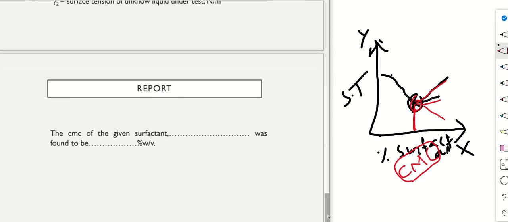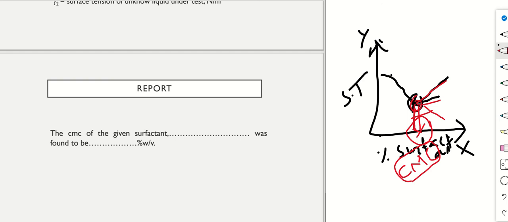And from the graph, we'll be able to conclude the critical micellar concentration of a given surfactant. And thus the CMC of the given surfactant was found to be how much percentage. From the graph you can easily mark and report it.